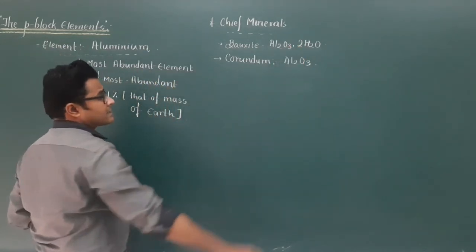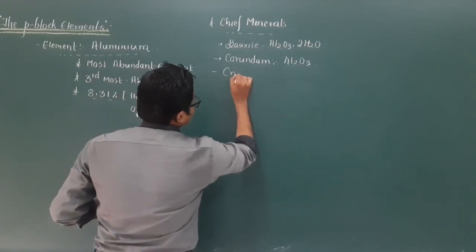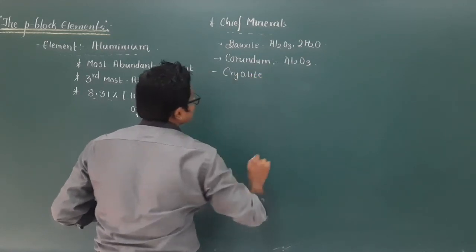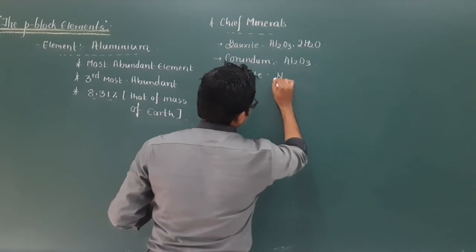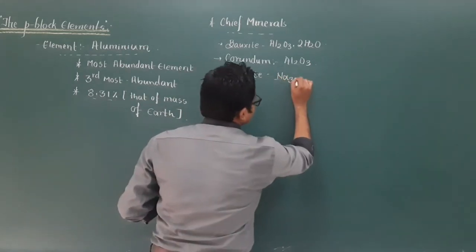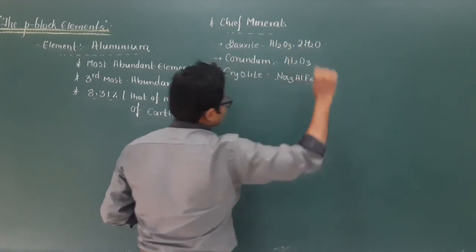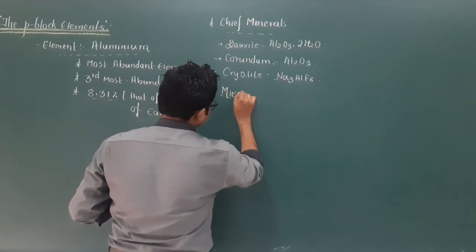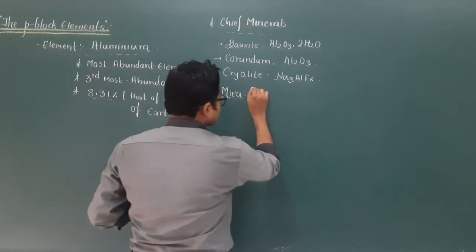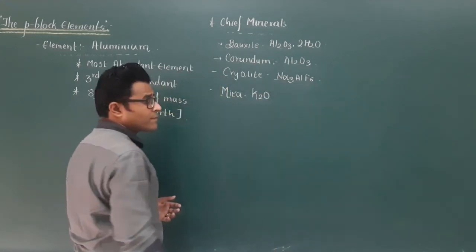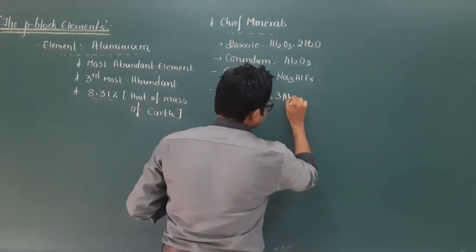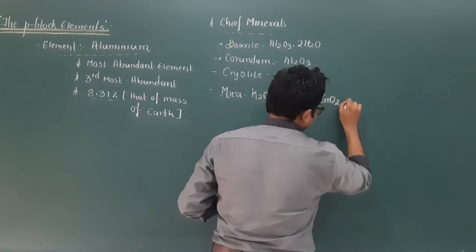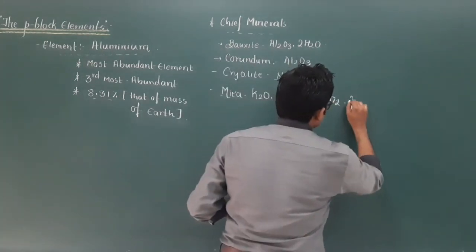Then cryolite, Na3AlF6. The final one is mica, K2O.3Al2O3.6SiO2.2H2O.